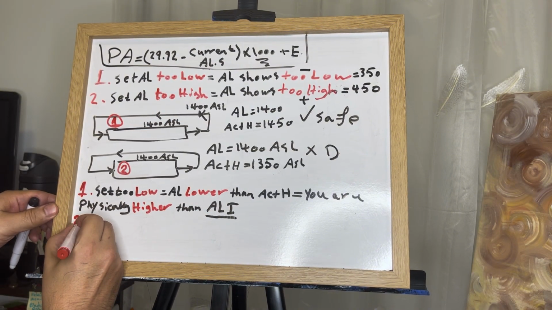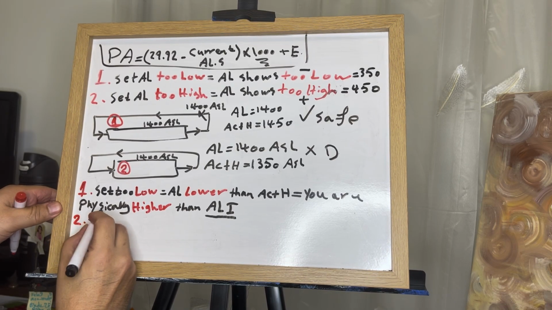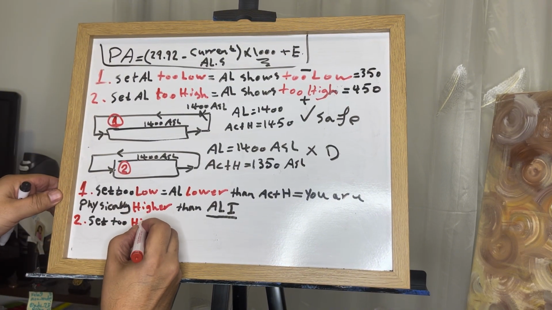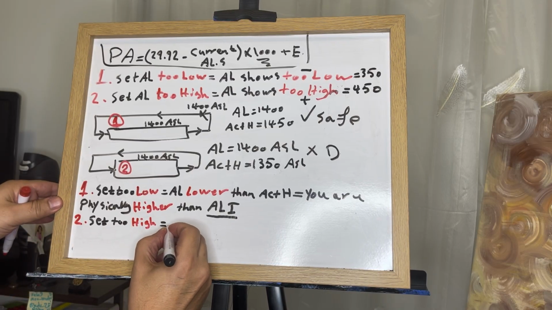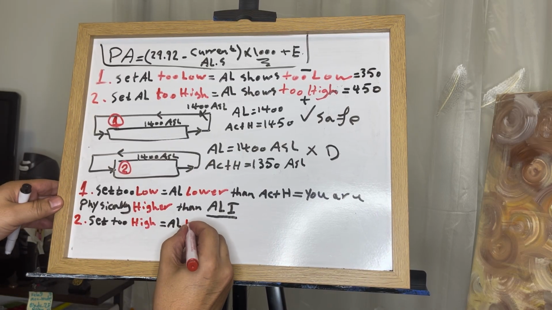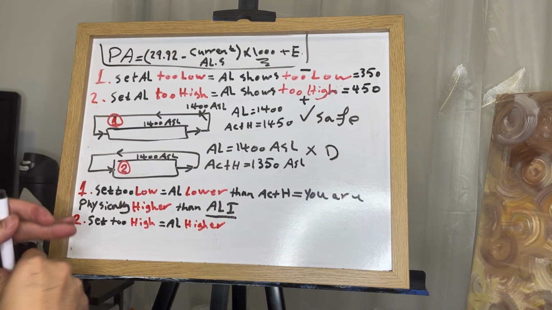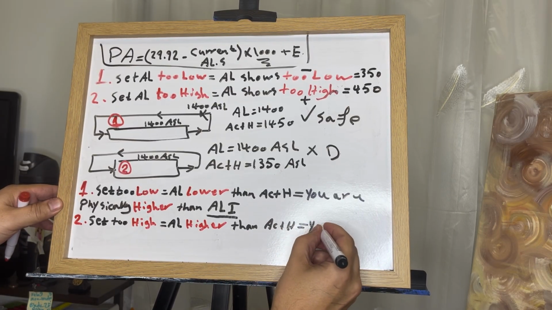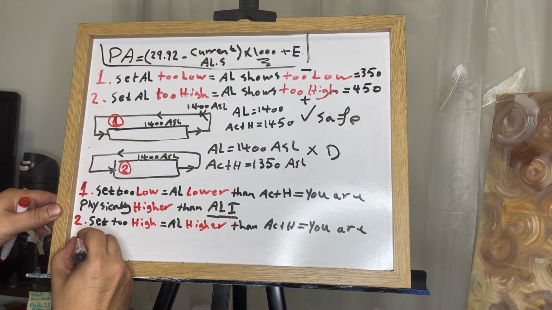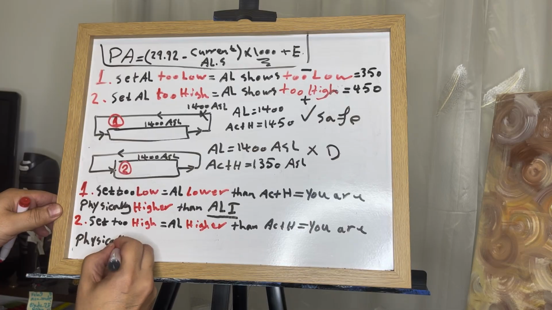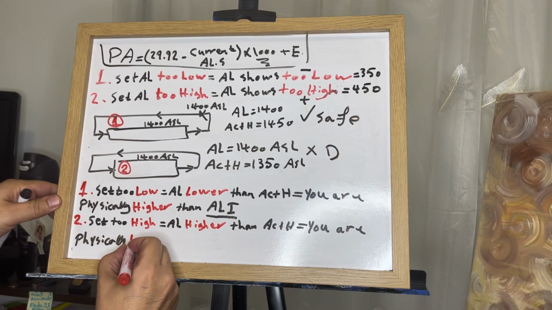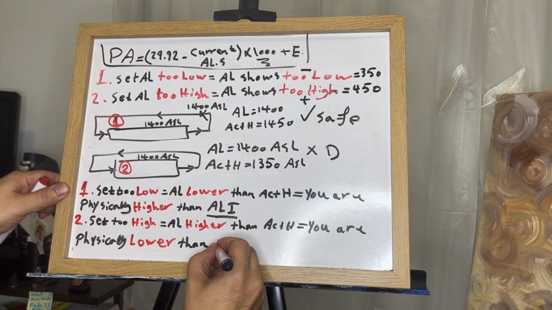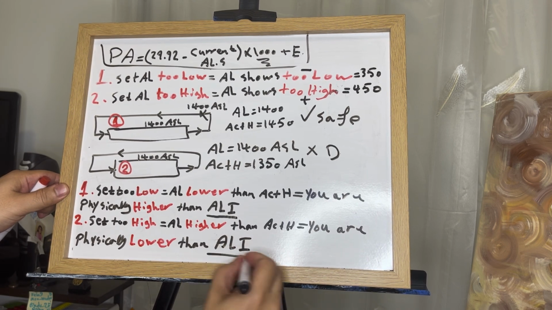So number two, when you accidentally set the altimeter too high, the altimeter shows higher than the actual height, resulting in you being physically lower than the altimeter indicator.